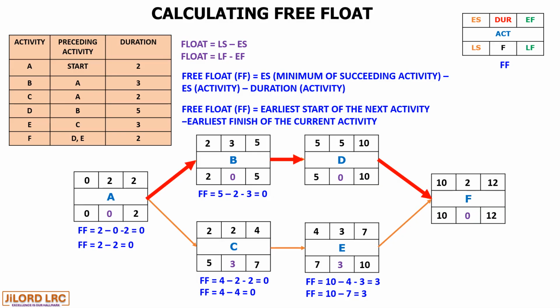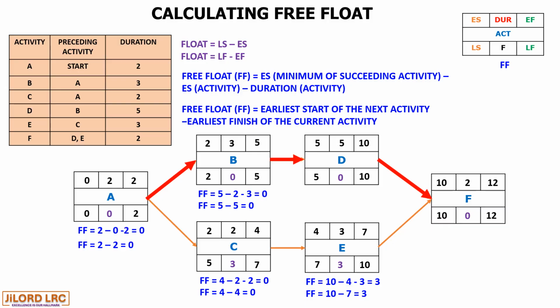Activity B, we take the early start of the succeeding activity 5 minus the early start of the current activity 2 minus its duration 3, giving us 0. Using the second formula, it is the early start of the succeeding activity minus the early finish of the current activity, which is 5 minus 5.